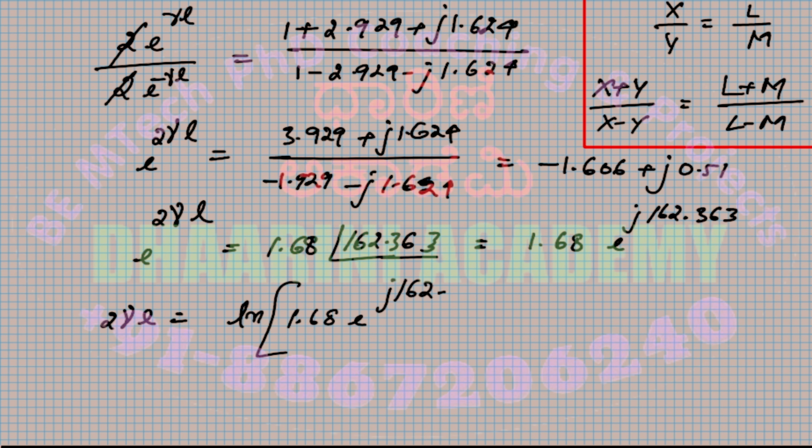So give me that number, 162 point something, equivalent in radians. 2.83, correct? So I can split it as ln of 1.68 plus j times 2.83, because e and ln will cancel. Now this is easier.